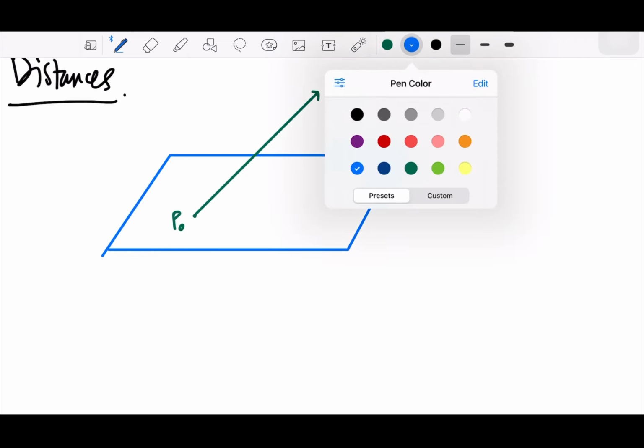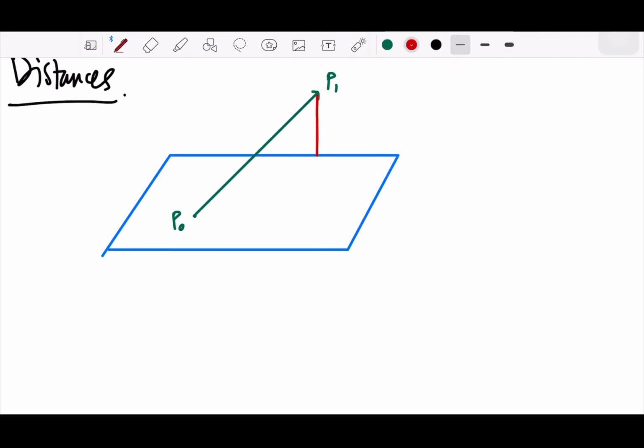And we have the normal here, the normal vector.